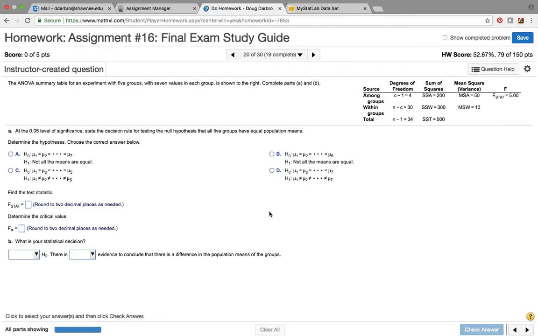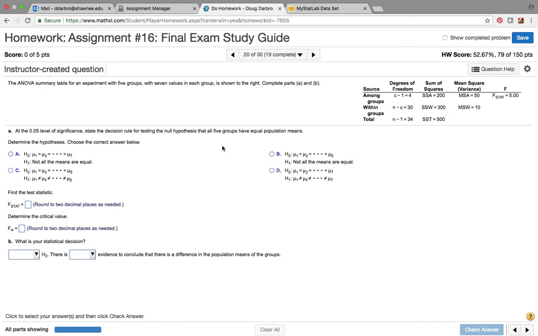All right, gang, final question. The ANOVA summary table for an experiment with 5 groups. So guys, K is equal to 5. And 7 values in each group. So 7 times 5 gives us 35 total sample size. Okay, so it's already filled it in for us, actually.